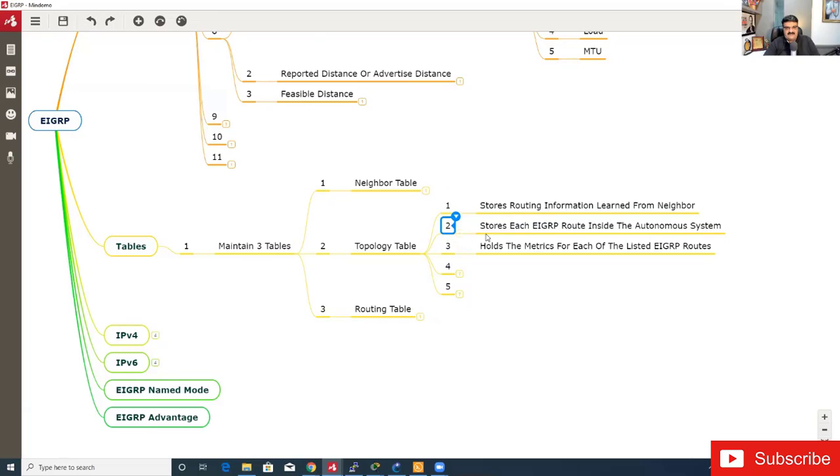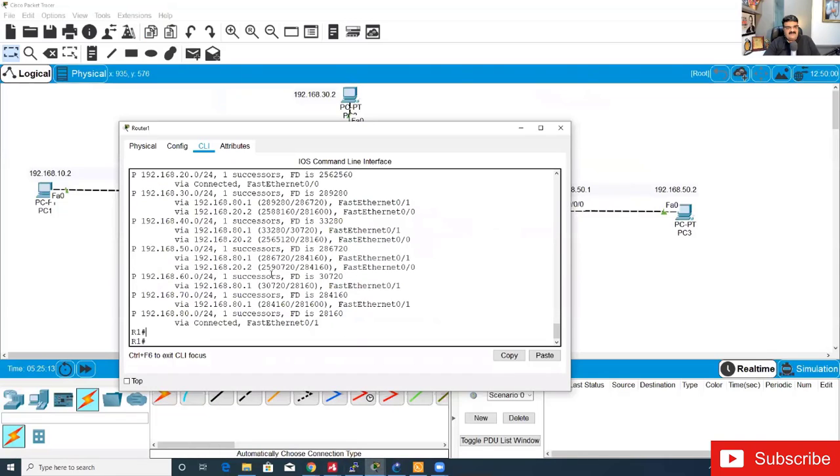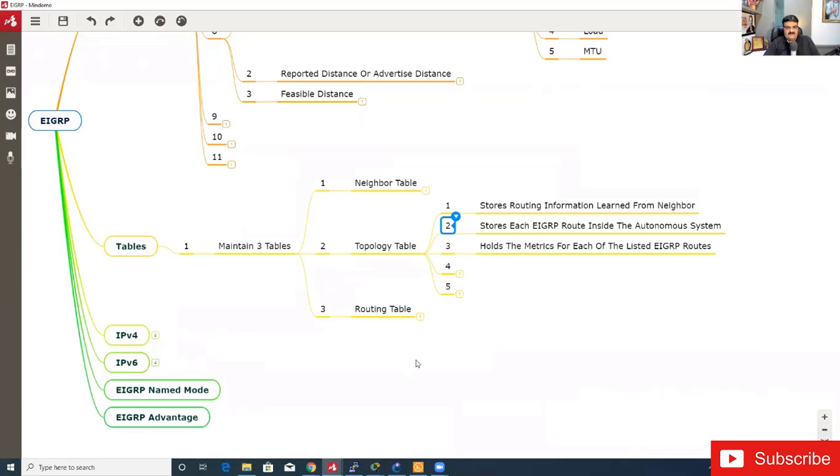I already talked about it. It stores each EIGRP route inside the autonomous system. Each means, if you have one or if you have two, they will be there in the topology table. It holds the metric for each, like what is the feasible distance, what is a successor, everything will be over here in the topology table, right?